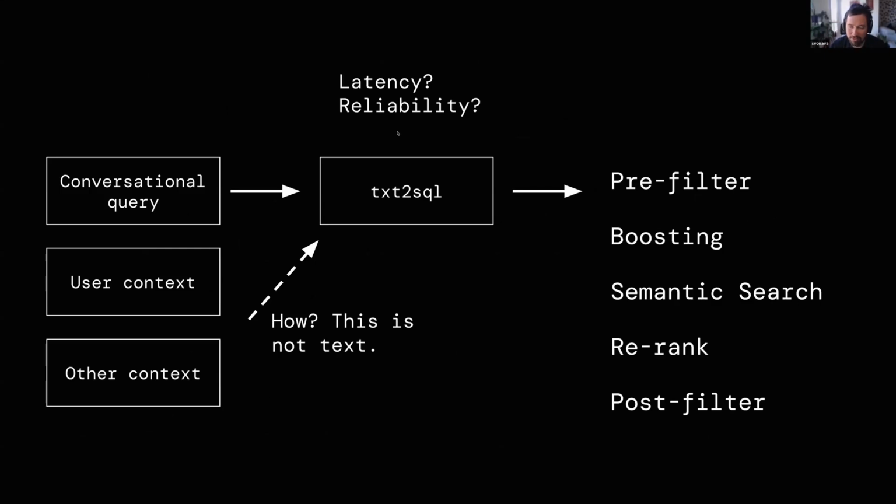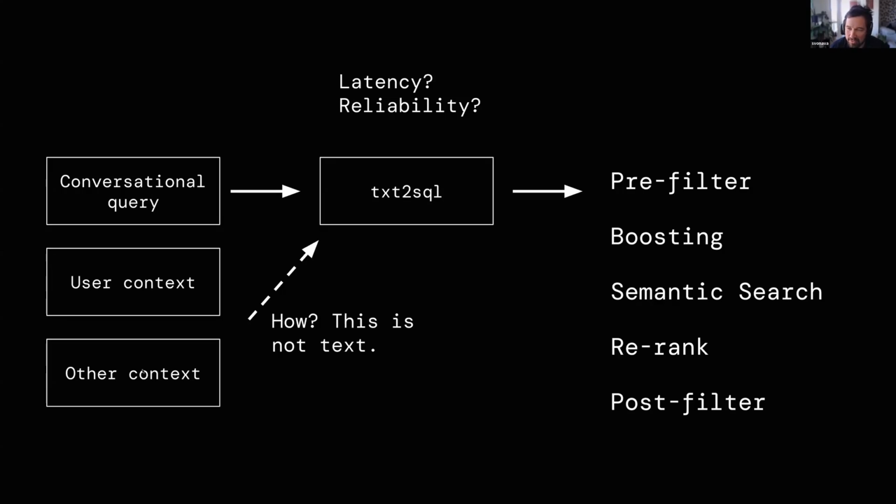If you think about it as inputs on the left and then the query being generated on the right, you do have that conversational query. That's what we just saw there. But now, coming from the recommender system world, we have some user context, right? Who is actually typing that query in? What has been their history? What did they click on? Where are they right now?